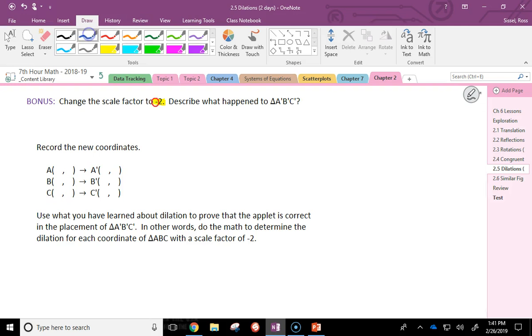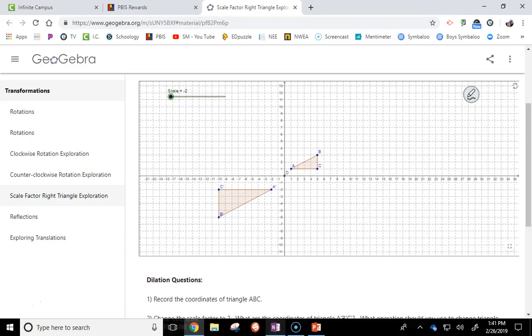So when I looked at my first coordinate points, 1, 1, 5, 3, 5, 1, if I multiply by -2, we've got -2, -2, -10, -6, -10, -2. And if we look at this, what happens is that -2, it changed everything.